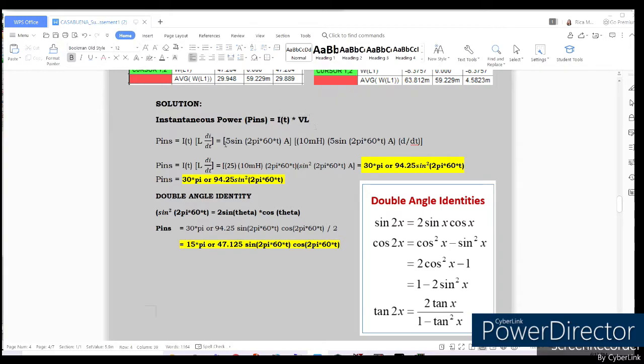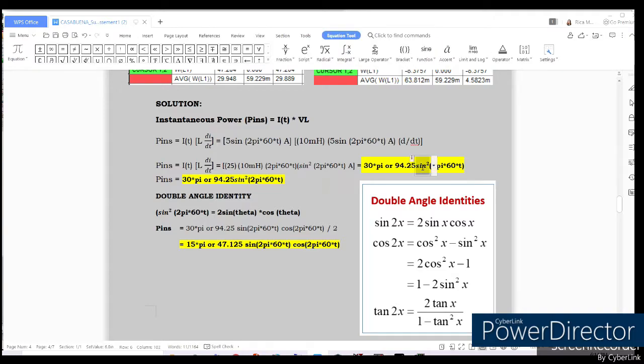The voltage across the inductor can be derived from this formula, L di over dt, which will give us an equation: I, which is given from our AC current source, times L, which is 10 millihenries, times the derivative of our current with respect to time. Simplifying our equation and multiplying the numerical values, it will give us 30 pi or 94.25 sine squared 2 pi 60t.